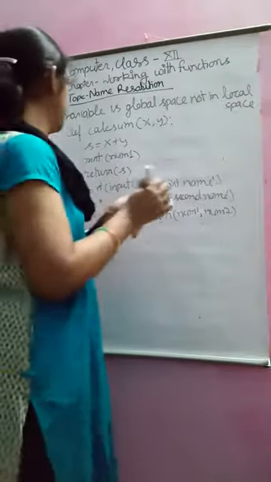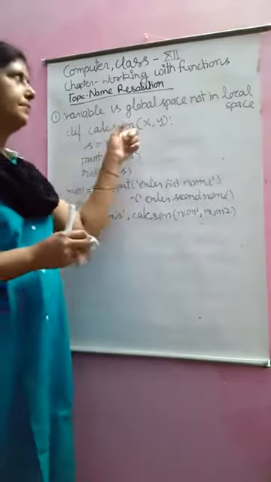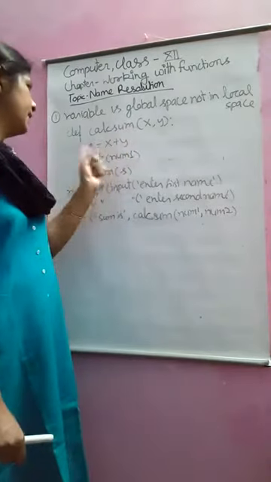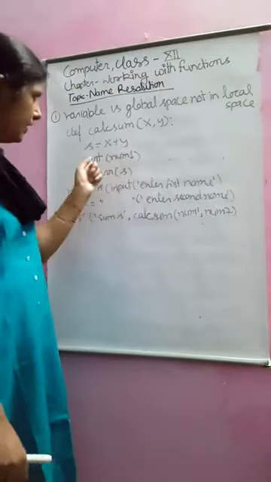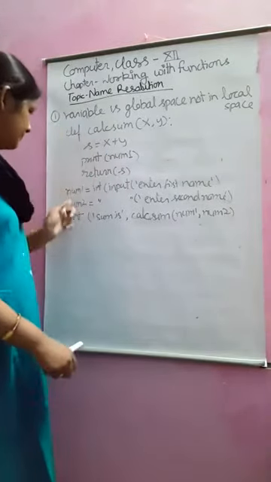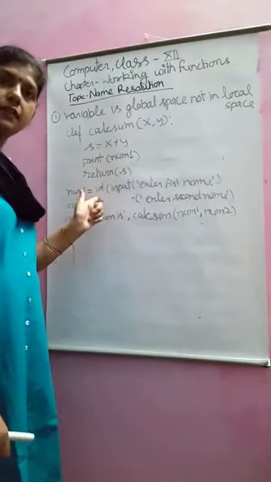Here is one program. In this program, there is a function called calsum, which receives two arguments, sums them up and returns the summation. Here, the function will display a variable a. Now, this is the main block.